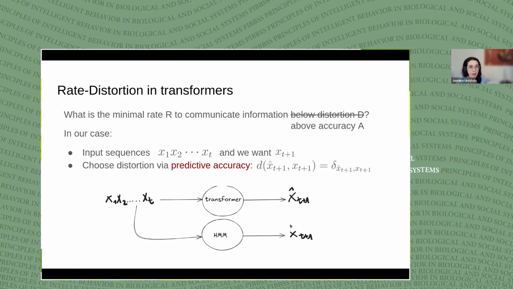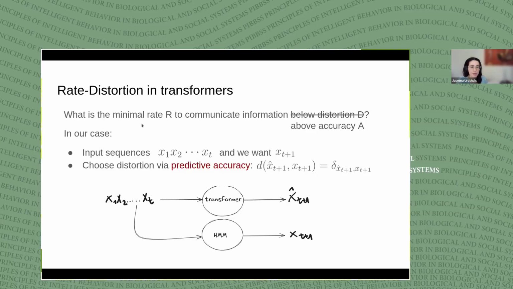And in the context of the transformer, a very simple way to define distortion, or converse distortion, would be via predictive accuracy, where we just take the values of these two outputs, and if they're equal, we set the accuracy to 1, and if they're not, we set that to 0.